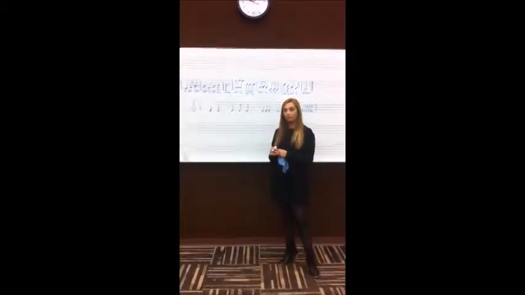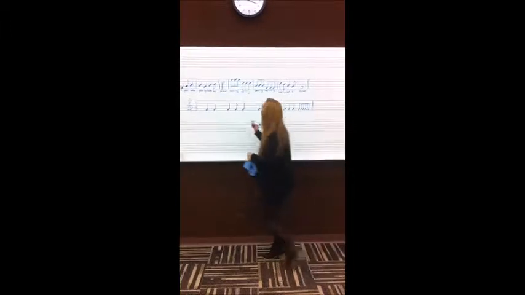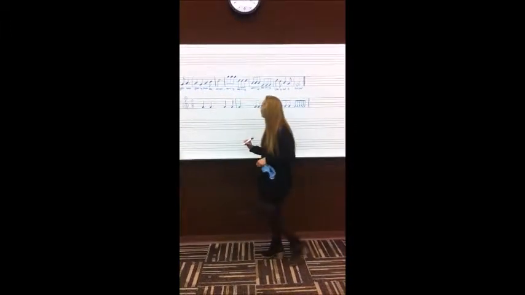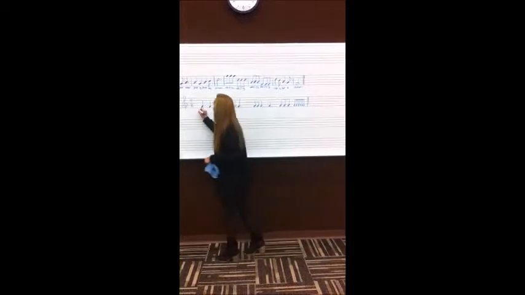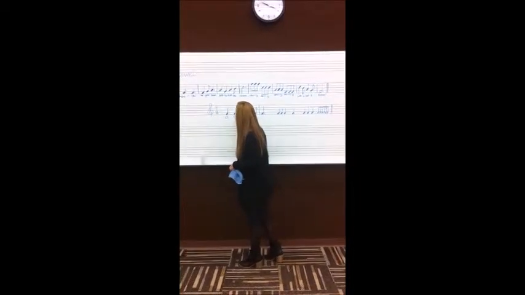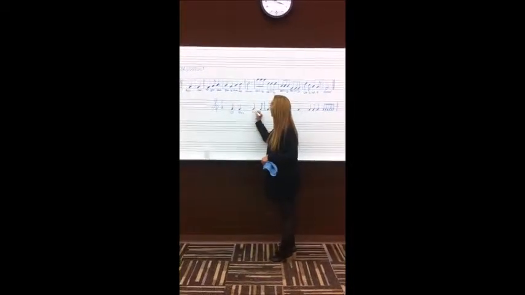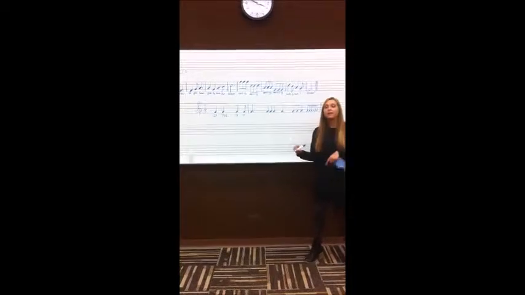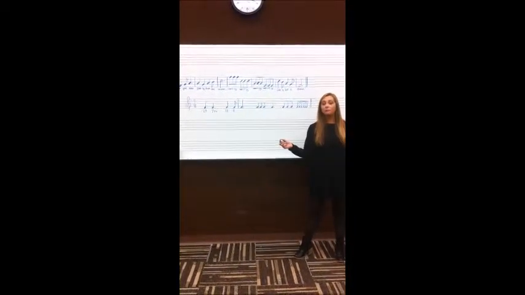After the eighth note. Very good. Yes, after the eighth note. So that is where we are going to put our bar line, and let's count this. 1, 2, 3, 4, 5, 6, 7, 8, and 9. And there are 9 beats in our 9/8 time.